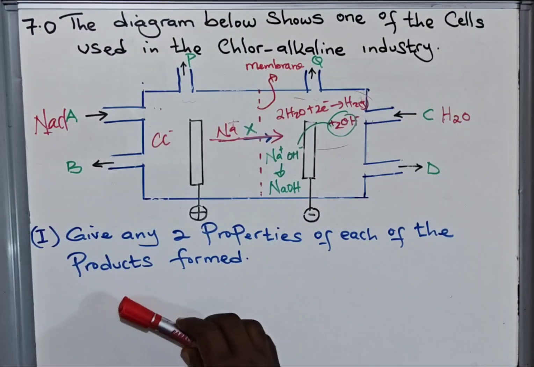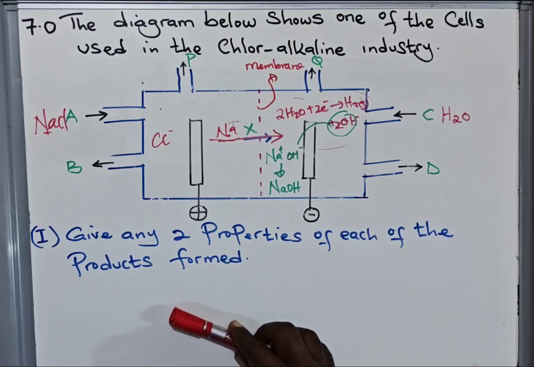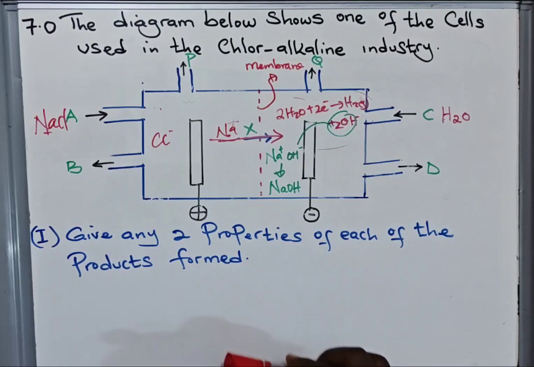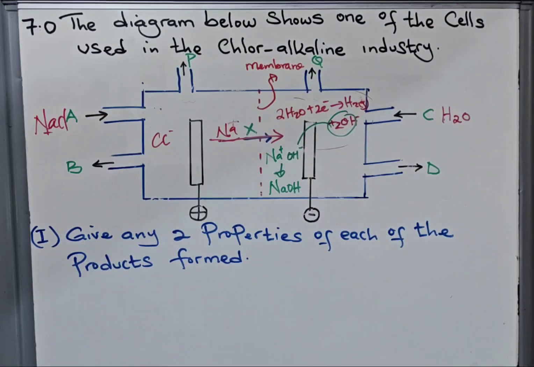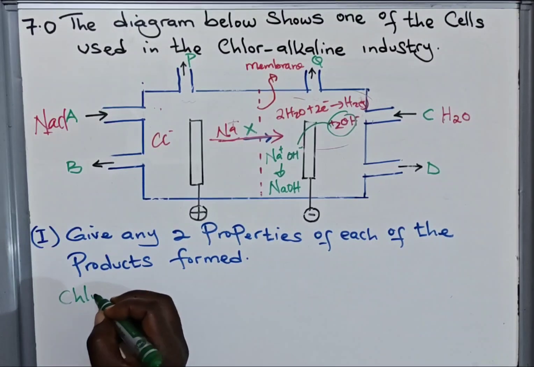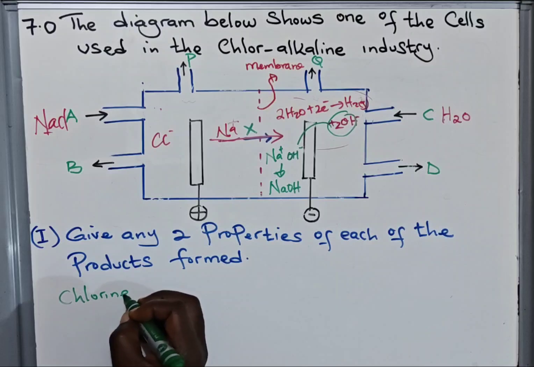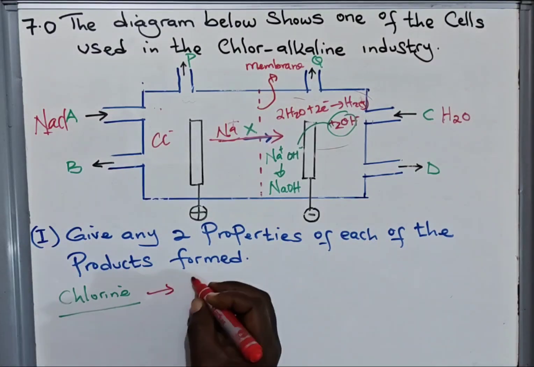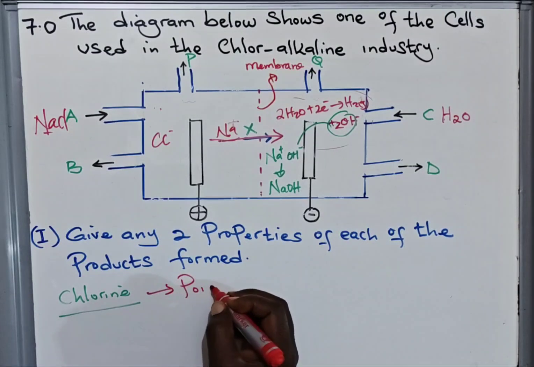Yeah, then we come to this question. It says, give any two properties of each of the products formed. Yeah, we identified the products. The first one, we said, is chlorine. So what are the properties of chlorine? First of all, we know it's poisonous.